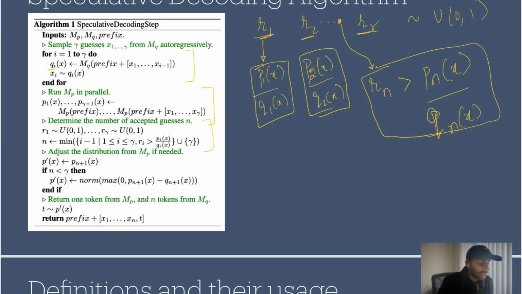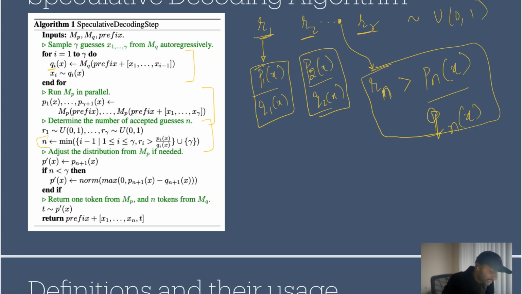So you have sampled R1 and compared it with P1 over Q1. Maybe R1 was lesser than that, so you do nothing, until at some point in the sequence you have an nth index where the sample value was actually greater than this particular ratio for that time step. And that you would call a rejection, and you would note the index and call it n.